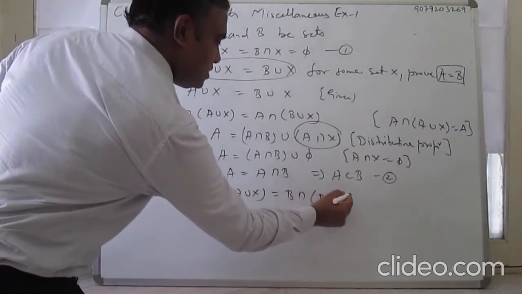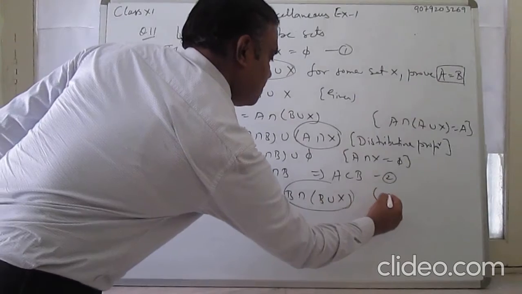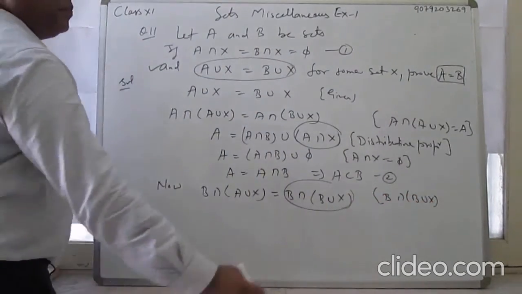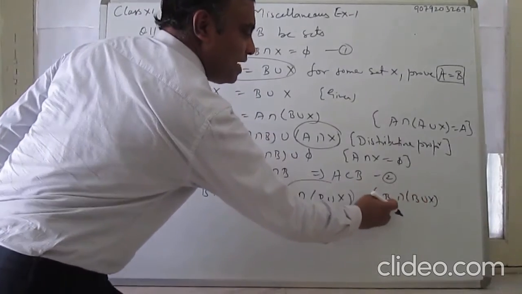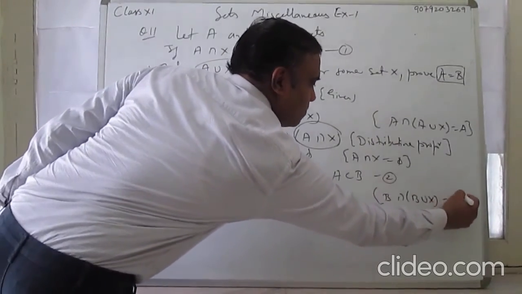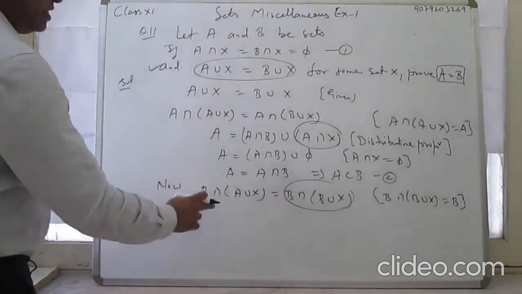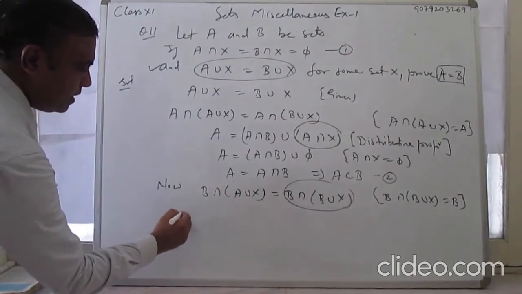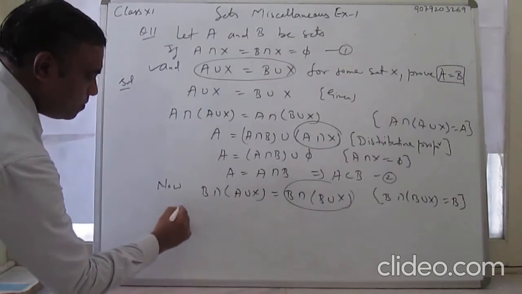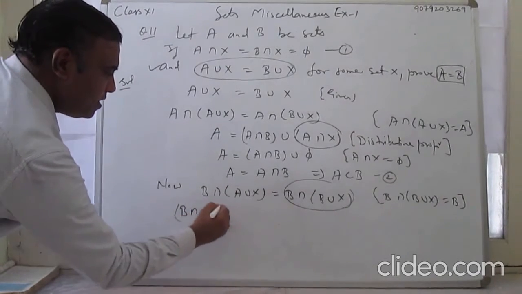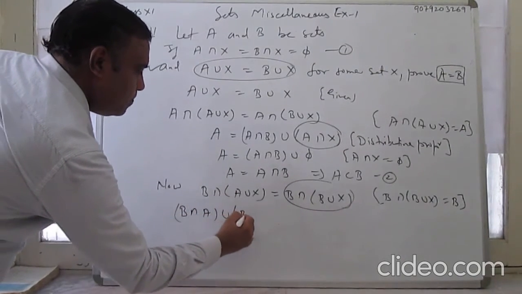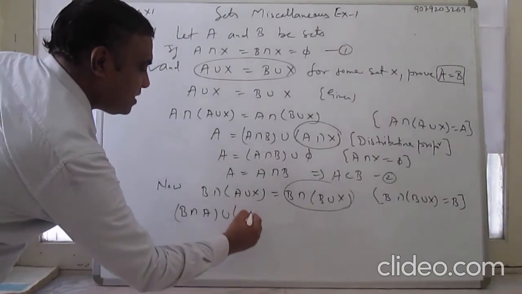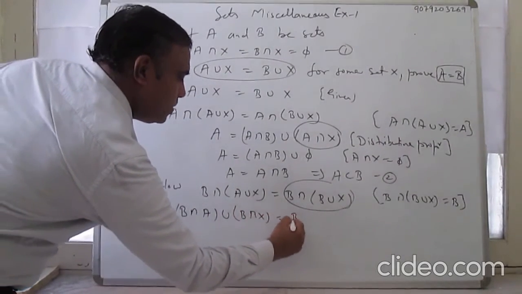B union X is the universal set, and its intersection with B gives B, so write B here. Use the distributive property, intersection over union: (B intersection A) union (B intersection X) is equal to B.